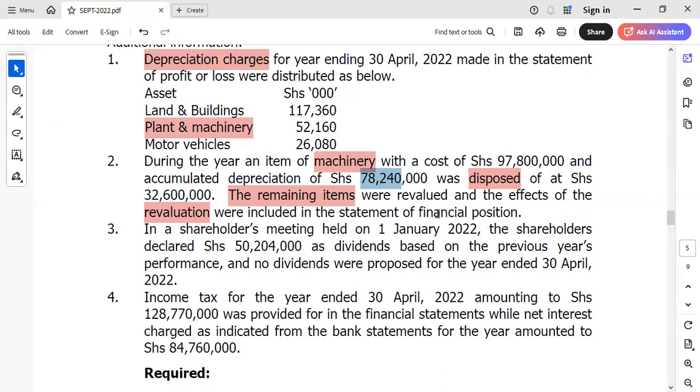You compute revaluation loss or revaluation gain, and you add back or you subtract, in a scenario where the examiner had told you that maybe the revaluation gain was part of the other incomes. Okay, so let's first deal with the machinery.